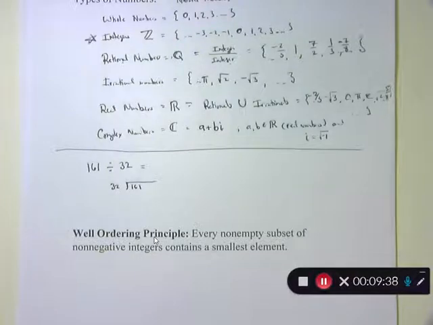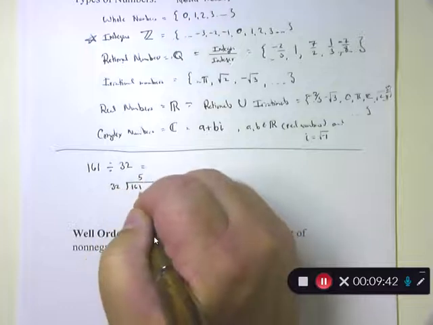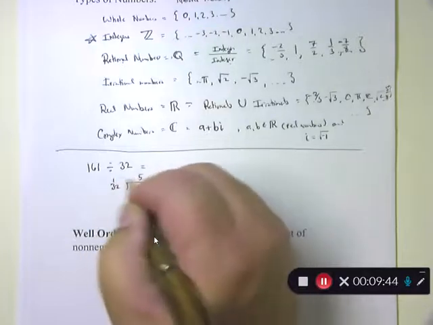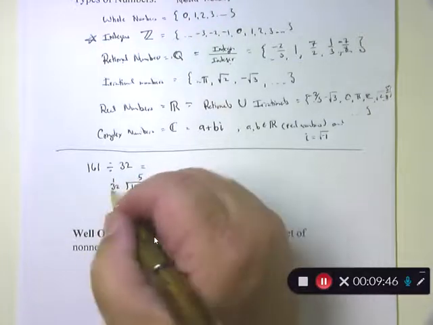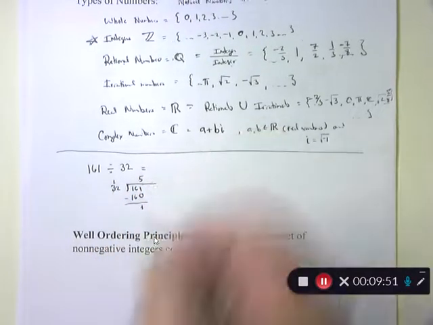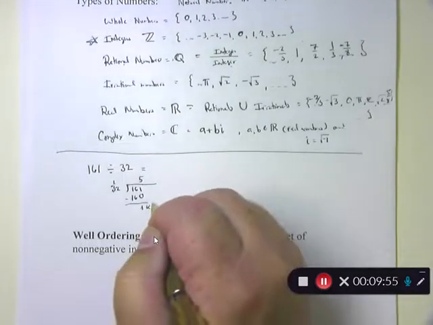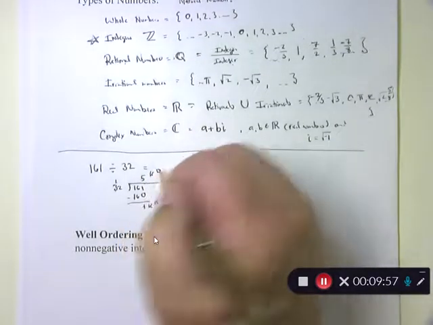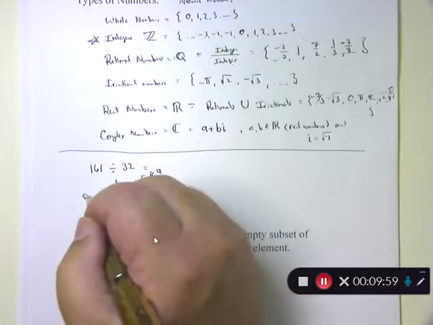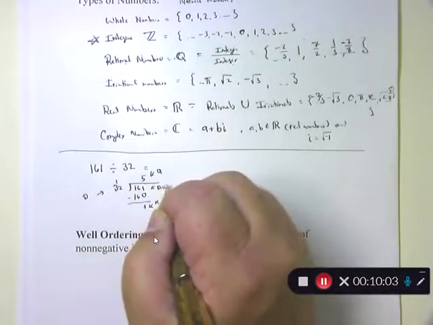I'd say, let's try 5 times. 5 times 2 is 10, so put the 0 there, carry the 1. 5 times 3 is 15, plus 1 is 16, and I subtract, and I get 1. Since there are no other numbers, this is the remainder, this is the quotient, this is my divisor, and this is the famous dividend.